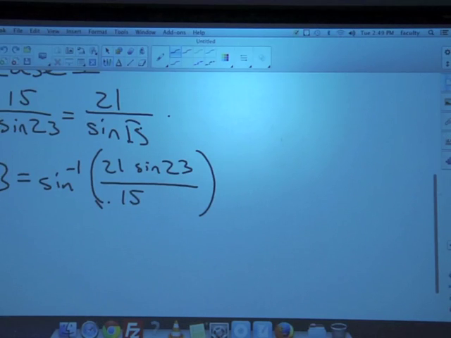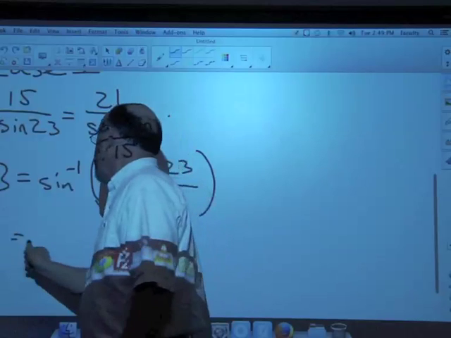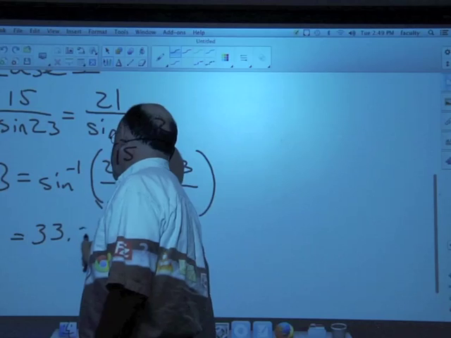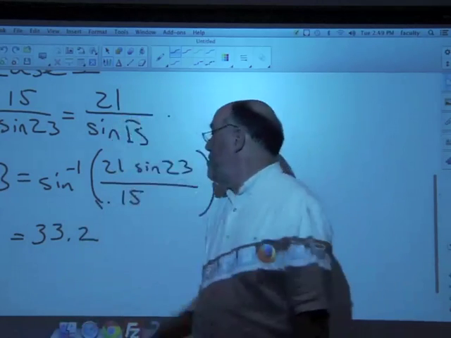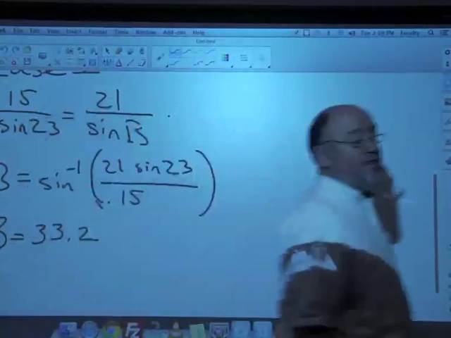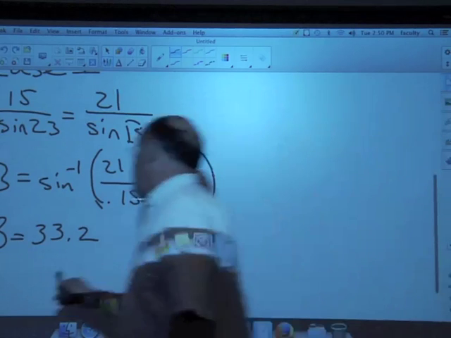And to the nearest tenth, you get that angle B is going to be 33.2. Right? So that's angle B. Angle C is going to be 180 minus the other two, so that'll give you 123.8.